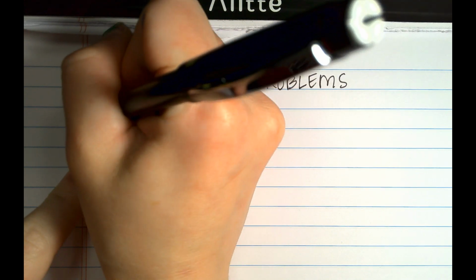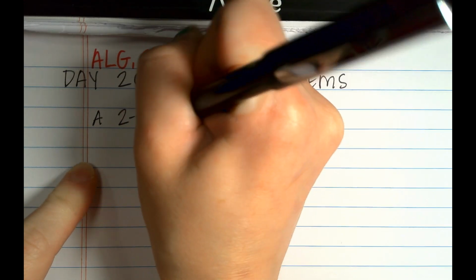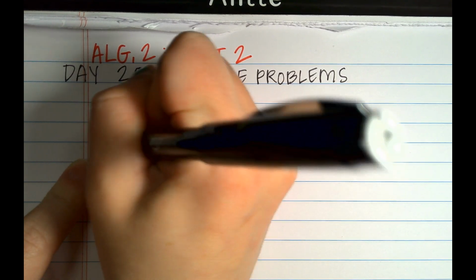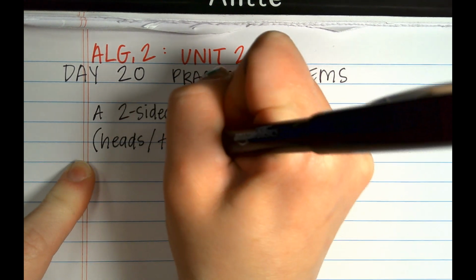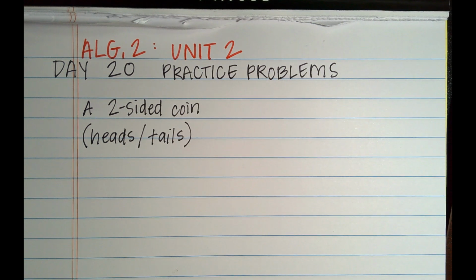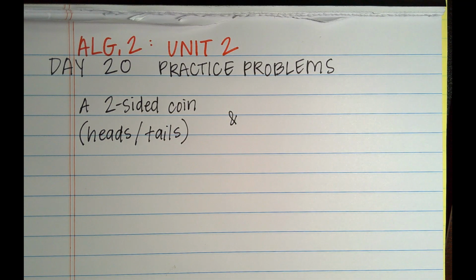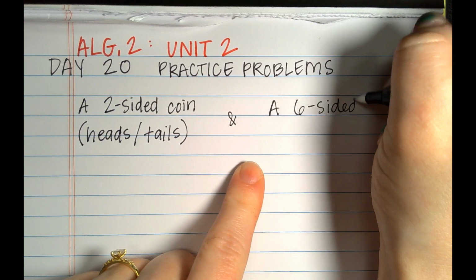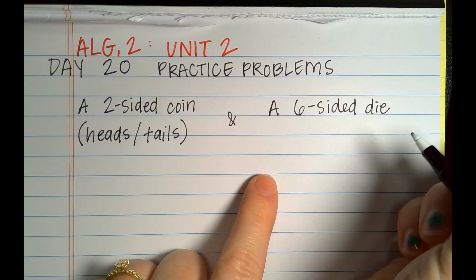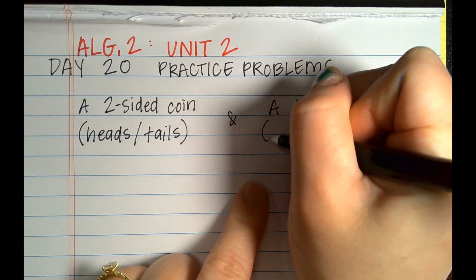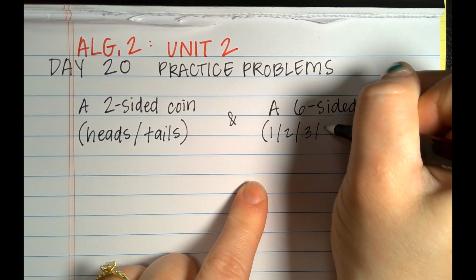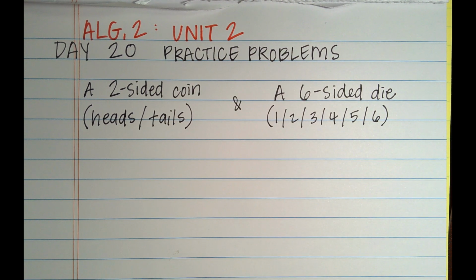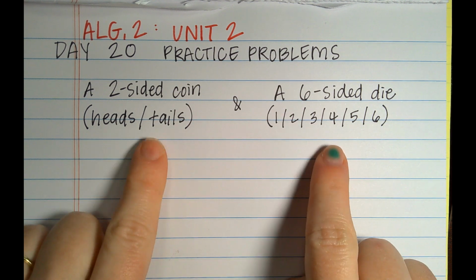We're talking about a 2-sided coin where your options are either heads or tails, and a 6-sided die where your options are 1, 2, 3, 4, 5, or 6. So all 4 problems I give you are going to be based off of these 2 items.